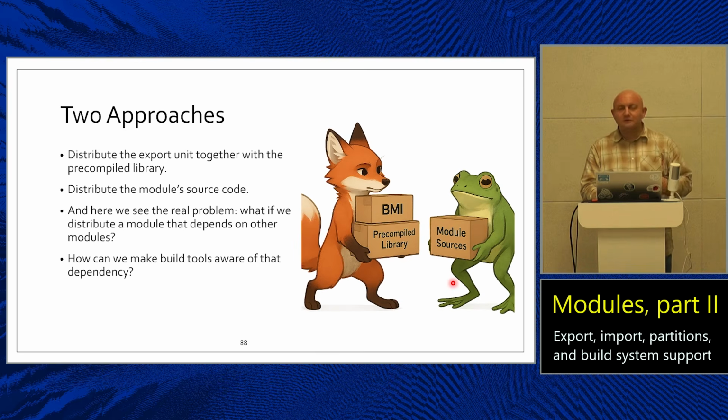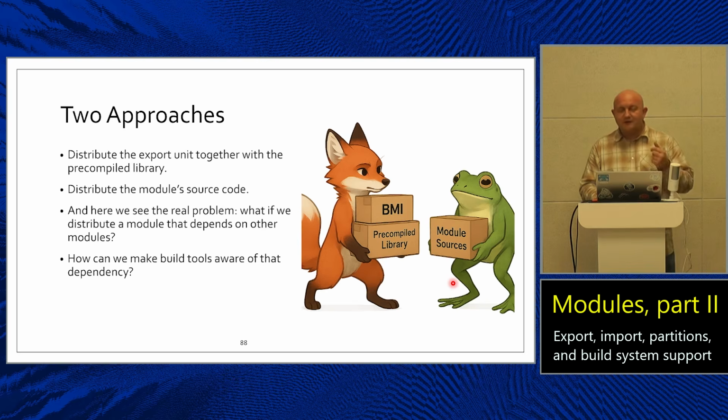Both sound okay until you hit the real issue. What if your module depends on other modules? How will a build system know that? How will CMake or Ninja, whatever you use, figure out that your module needs to be compiled after some other one, and that it needs to import its BMI before building yours? That's the heart of the problem, and it's not actually new.